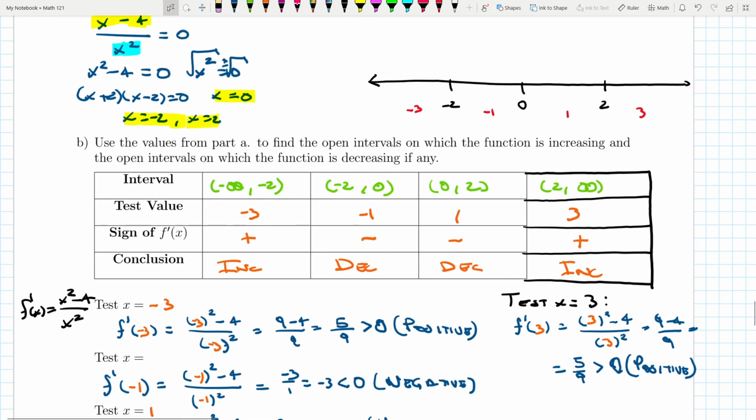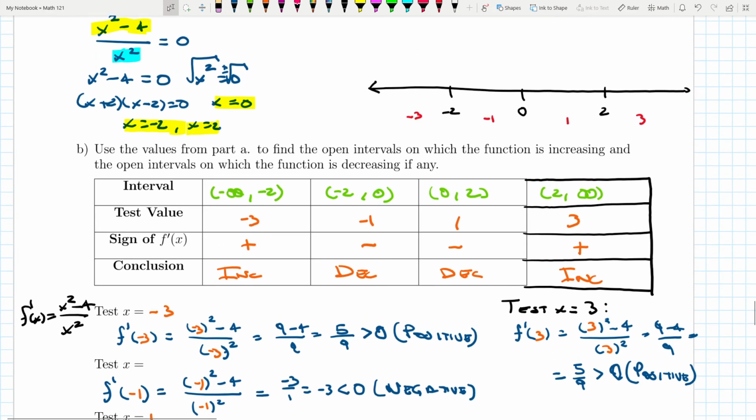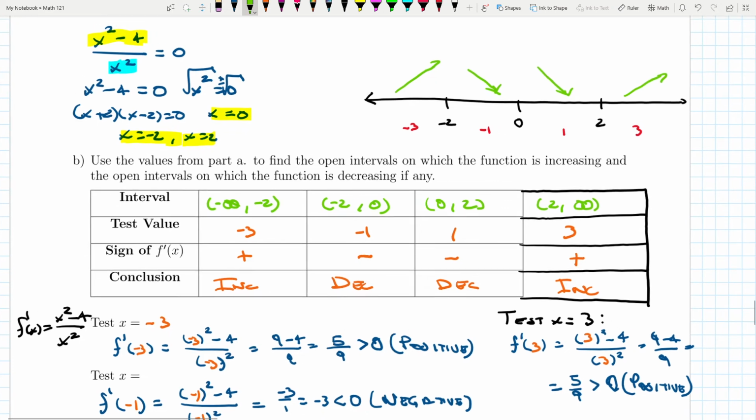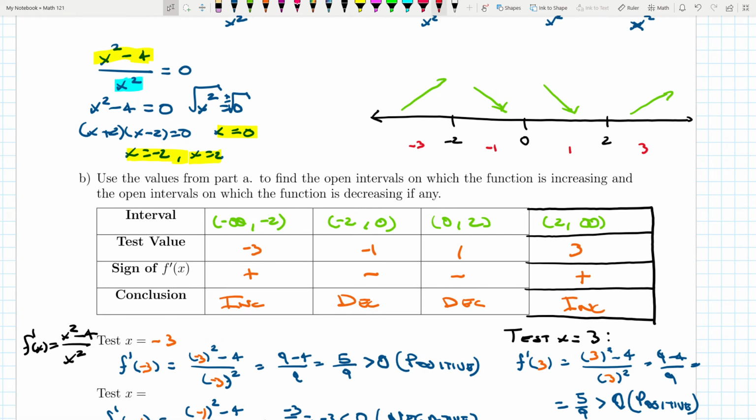Okay, let's go to our number line and see. It's going up, increasing, decreasing, again decreasing, and a second time increasing. Well, what are we going to have? In this case, we go from up to down. Here we're going to have a rel max.